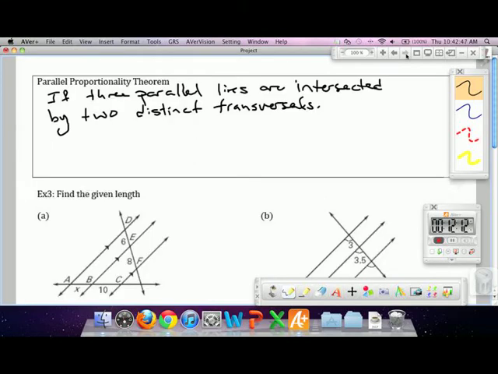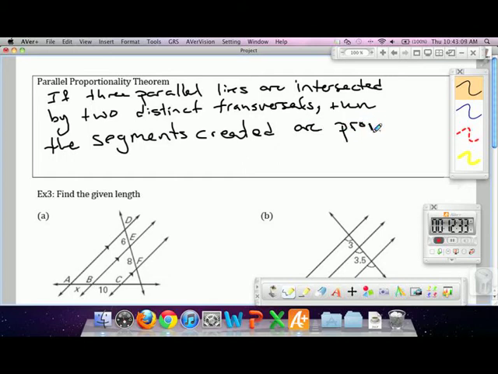So if I have this setup, then the segments created are proportional to each other. Not necessarily equal, but they are certainly proportional.